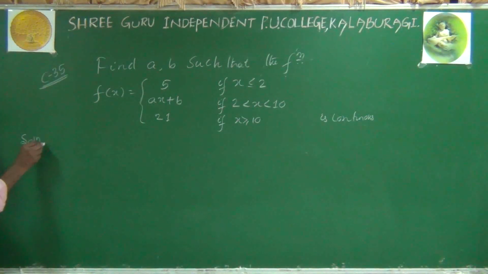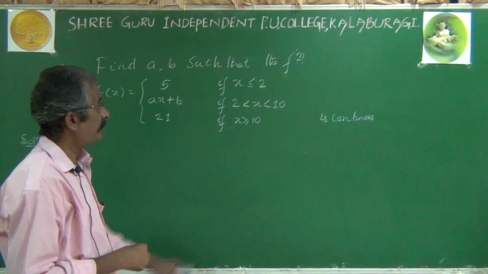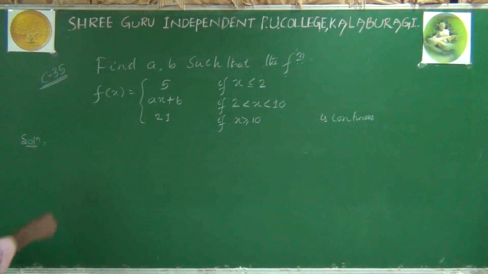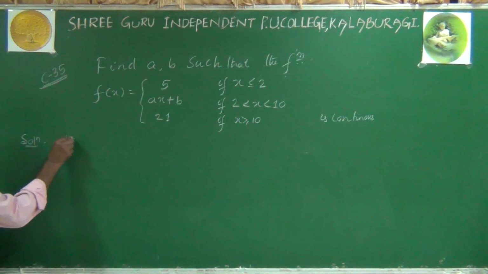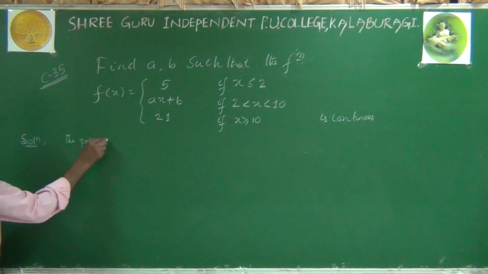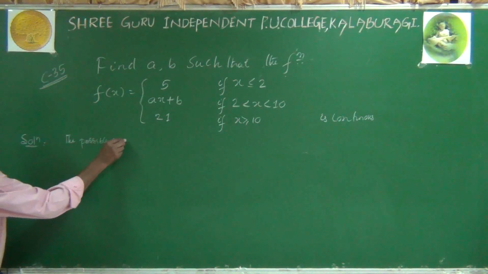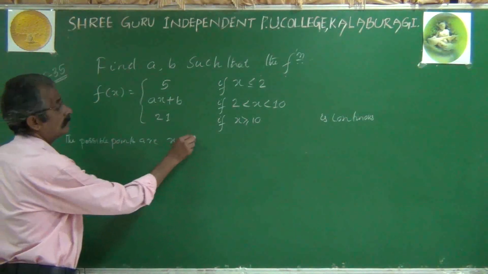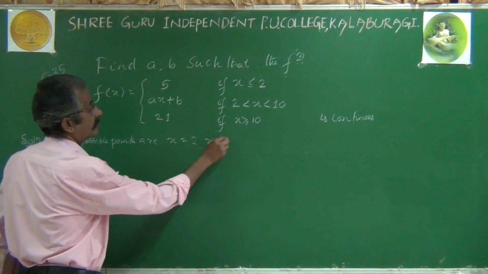First write for this problem the possible points. The possible points are x equal to 2 and x equal to 10.